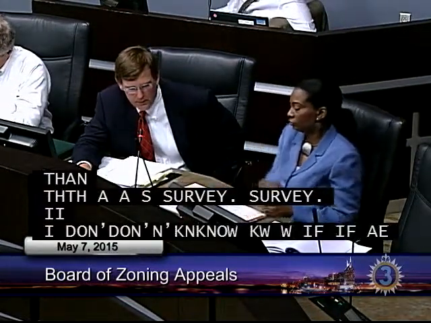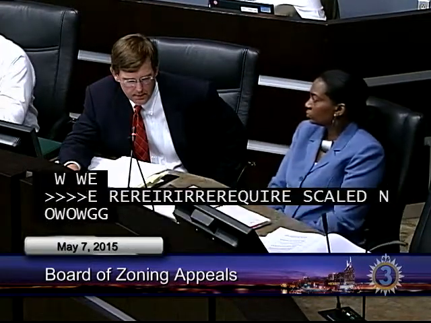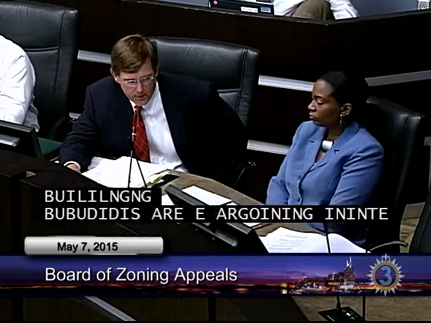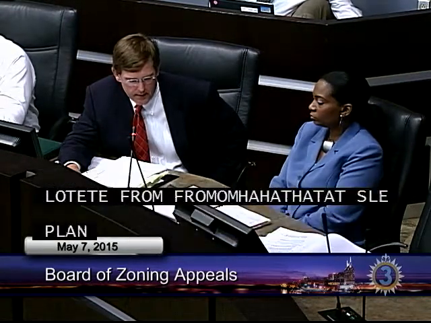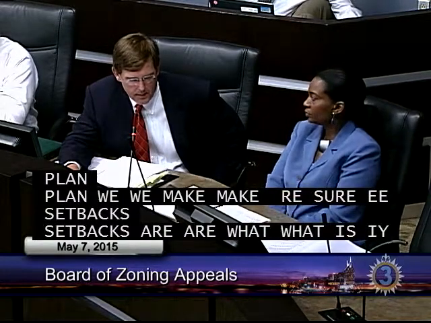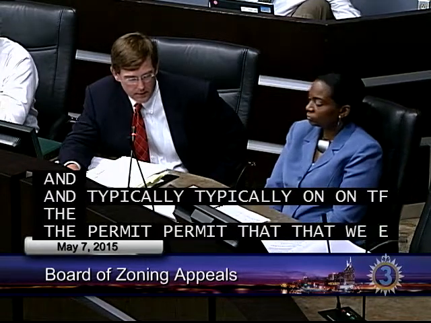So we require a scaled site plan showing the location of the property boundaries, where the buildings are going to be located. From that scaled site plan, we make sure that the setbacks are what is required by the code. And typically on the front of the permit that we issue, we will say what the setbacks are.